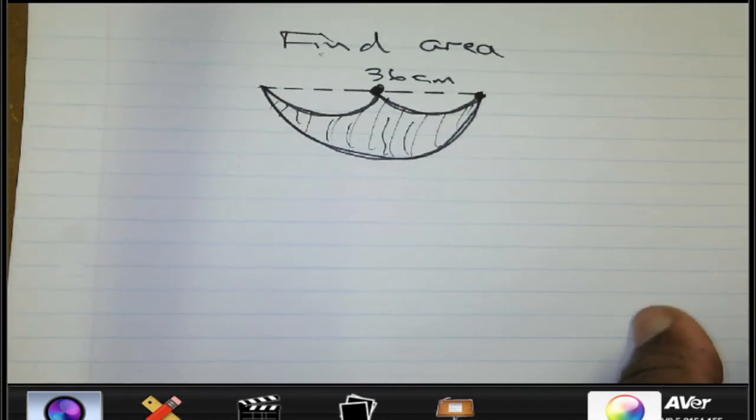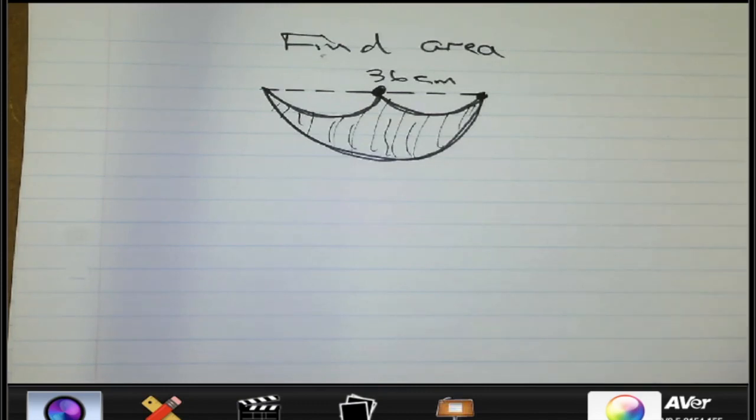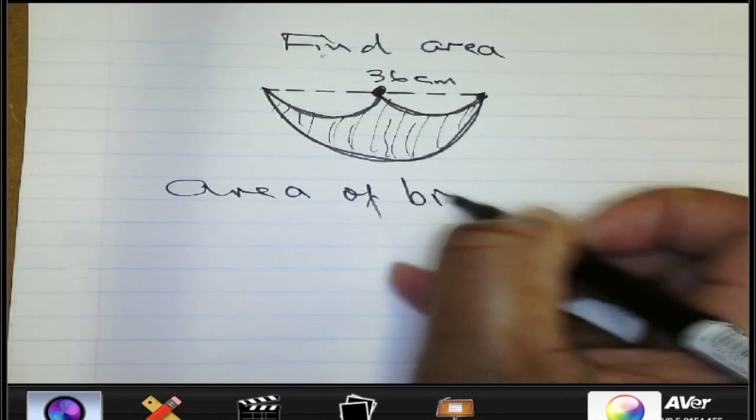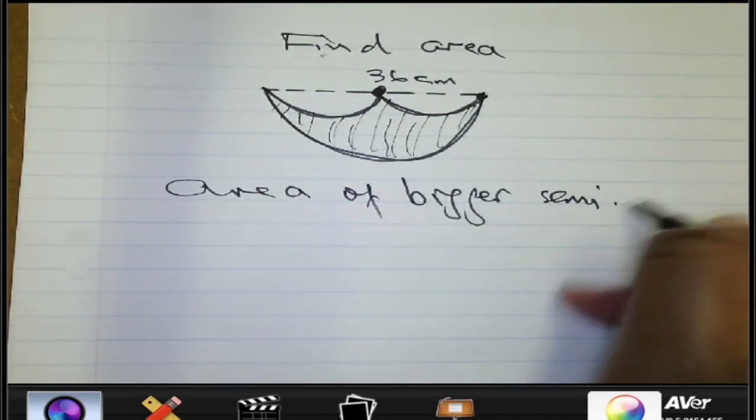Can somebody give me a strategy for finding area of the shaded part? Would you not say you find the area of the biggest semicircle? Yes, area of the bigger one. And then you'd find the area of the two smaller ones and minus that from the bigger area.